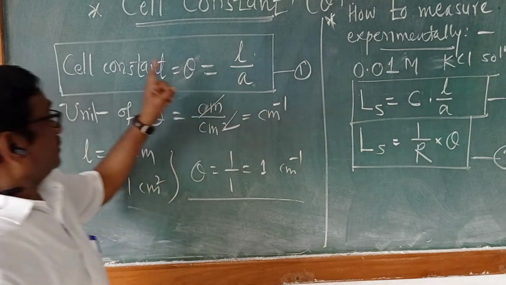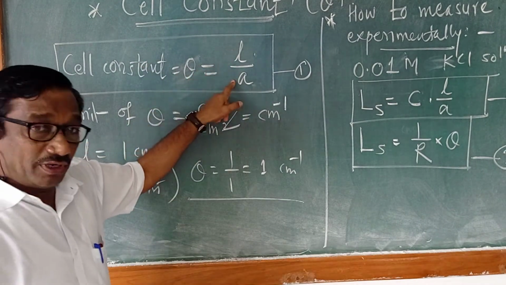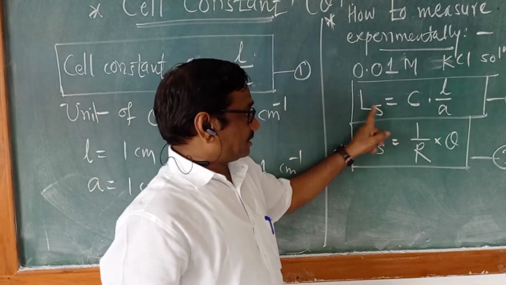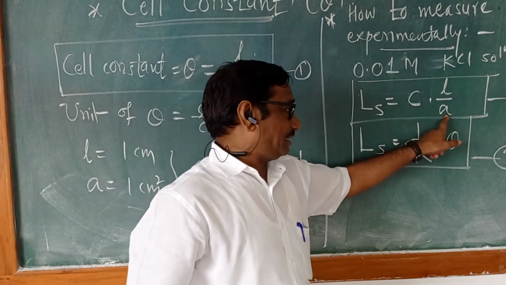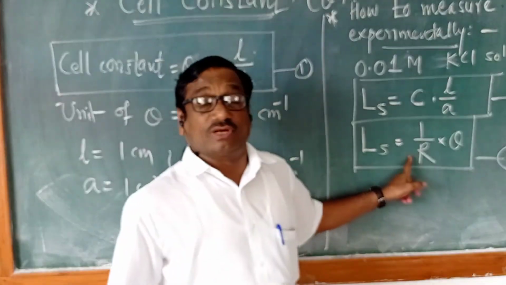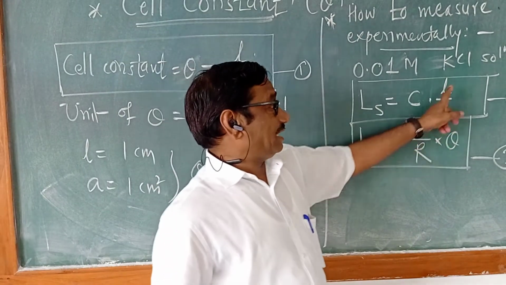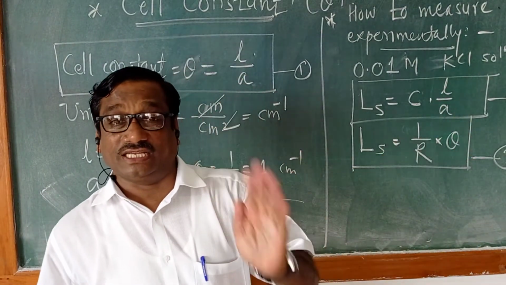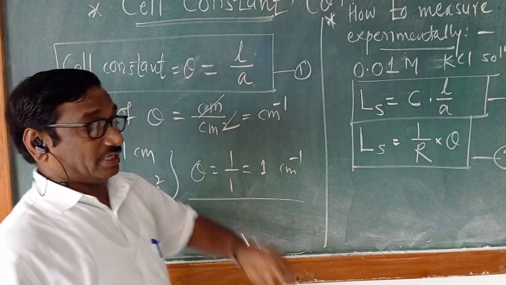See, cell constant theta is equal to L upon A. Specific conductance is equal to conductance into L upon A, where conductance is nothing but 1 upon resistance, and L upon A is nothing but the cell constant, the formula for cell constant.